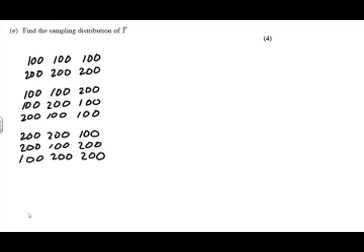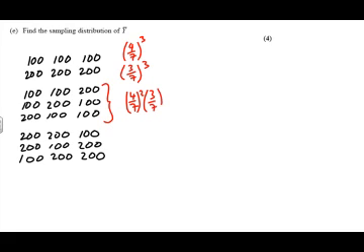So the probability that I have 100, 100, and 100 is going to be 4 over 7 times 4 over 7 times 4 over 7, 4 over 7 cubed. Probability I have 200, 200, and 200, 3 over 7 cubed. Okay, the probability that I have 2 100s and a 200, each of these are going to have exactly the same probability, and that's 4 over 7 twice, so that's 4 over 7 squared, multiplied by 3 over 7.